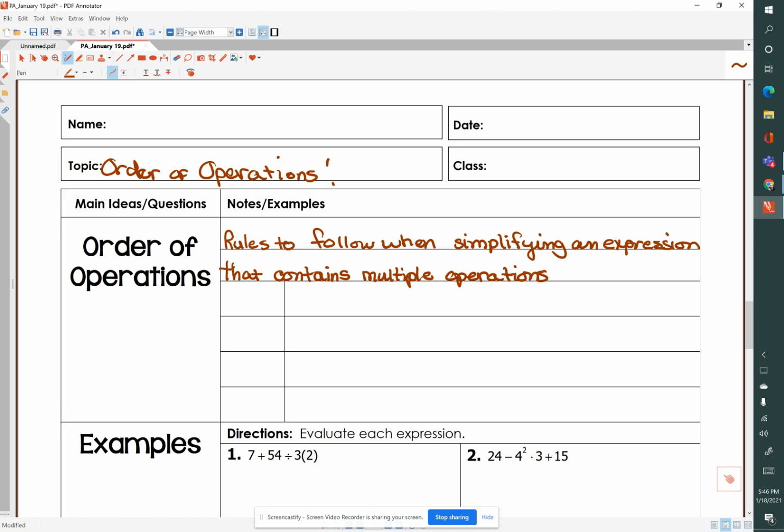Okay, now I know a lot of you have learned PEMDAS in 7th grade. I don't like PEMDAS. If you really think you need something to help you remember, let's try GEMS. Because GEMS puts more emphasis on grouping symbols.